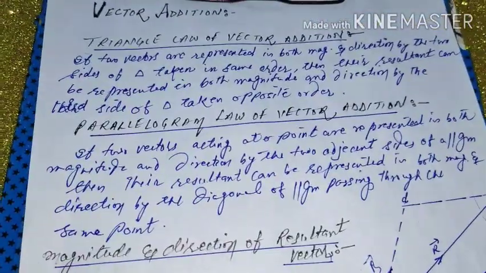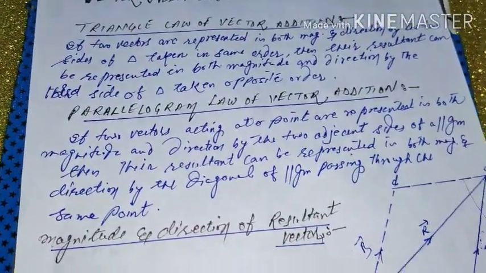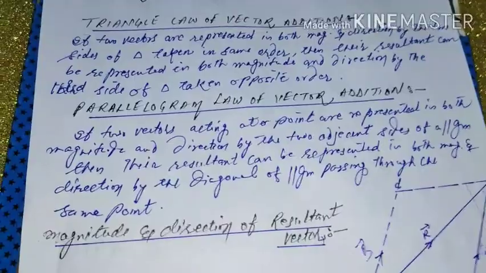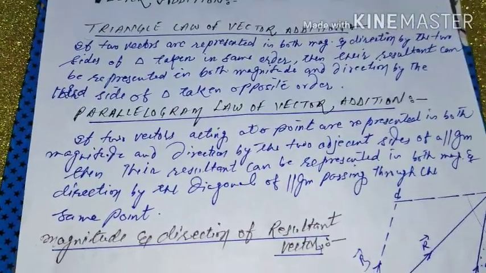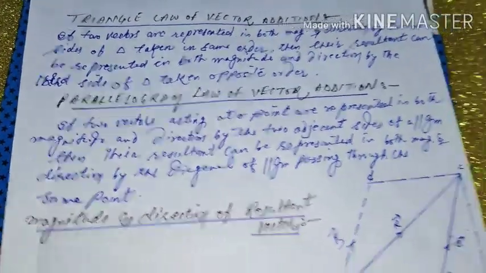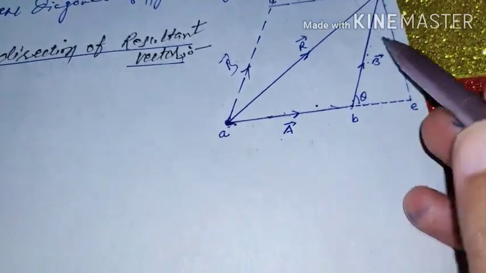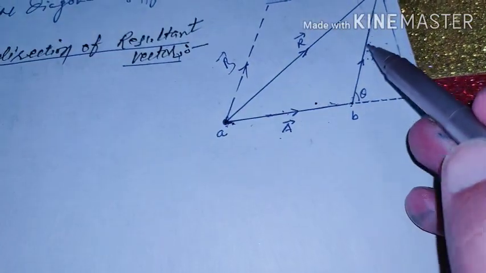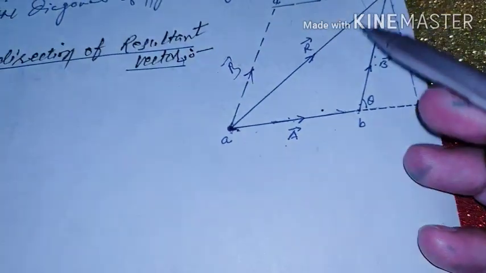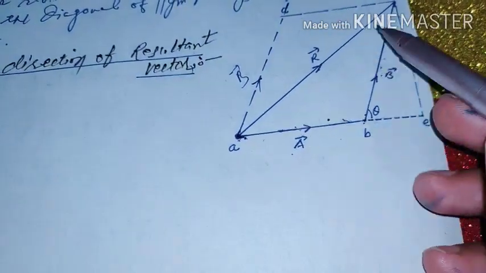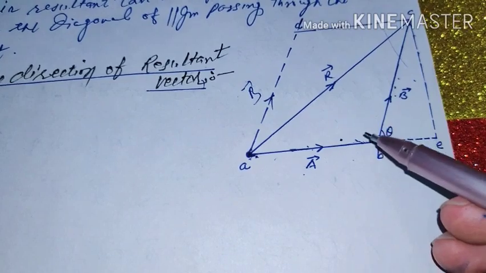So these were the definitions of the triangle law and the parallelogram law of vector addition. But you must learn that in the triangle law, vectors must be represented by two sides of a triangle taken in the same order, and the resultant must be taken in opposite order, that is represented by the third side of the triangle.